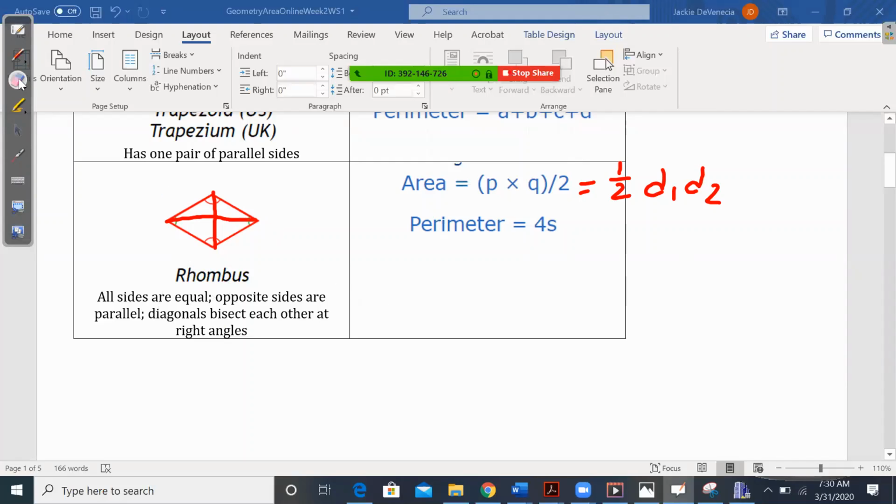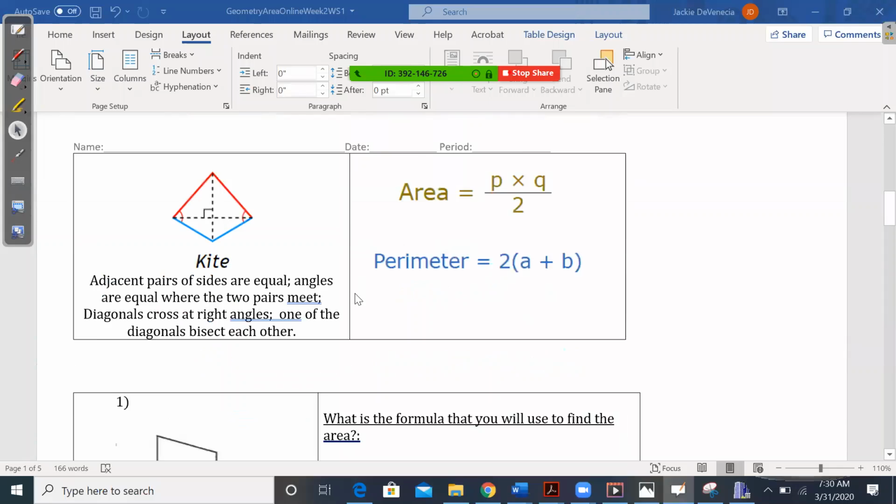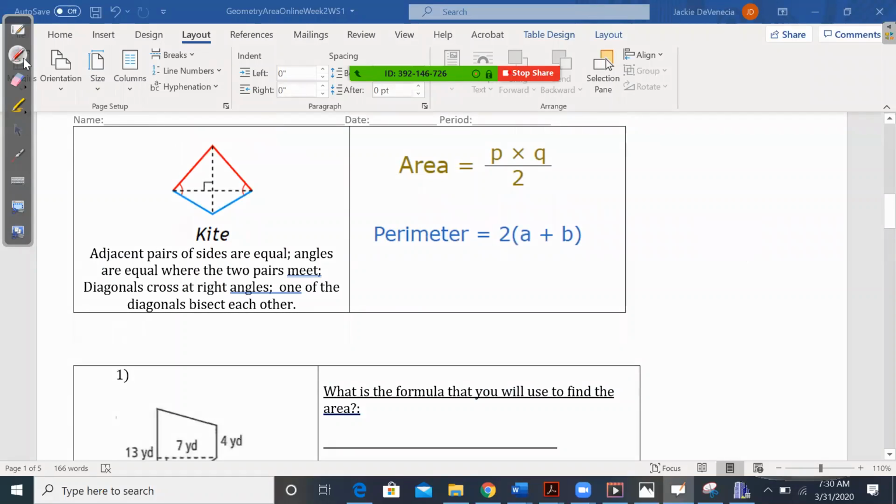Now, when we're talking about kites, it's going to take the same shape as those things people like to fly out in the wind. So we're talking about a figure that looks like this right over here.